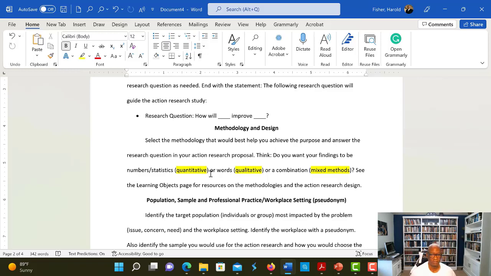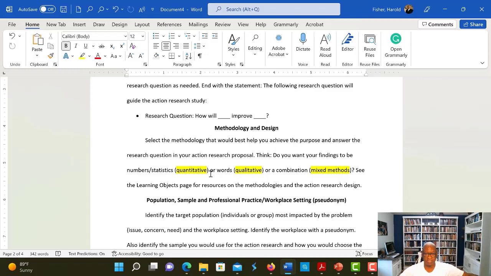Or are you doing a combination of both? Some of you are probably thinking, I think I'm going to do both. You may want to look very long and hard, first of all, and understand what a methodology is, what a quantitative study is, what a qualitative study is. If you're going to do a mix, it's called mixed methods, by the way. If you're going to do mixed methods, which is a combination of the two, you need to fully understand it and put that down in this paragraph.